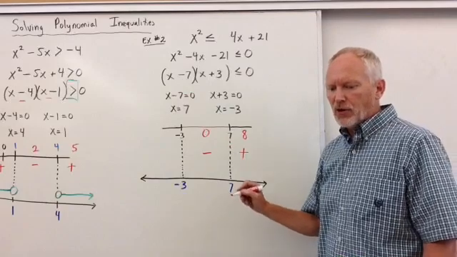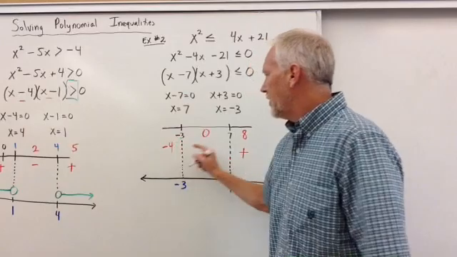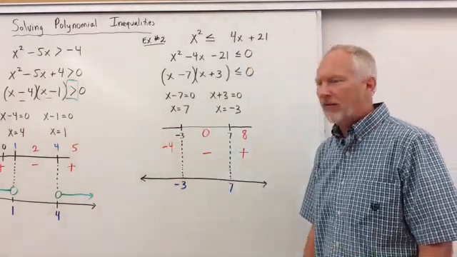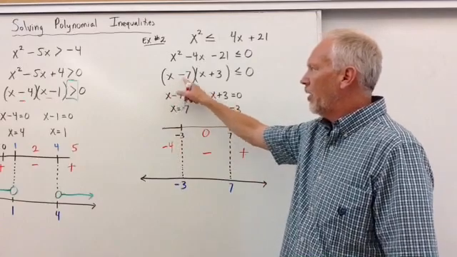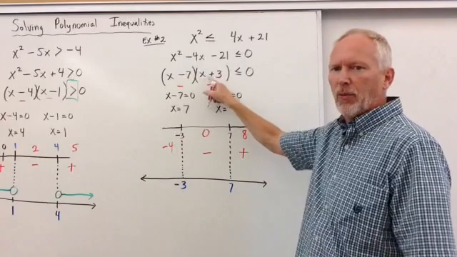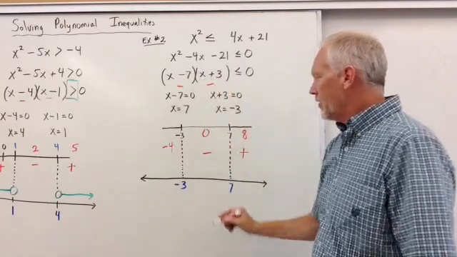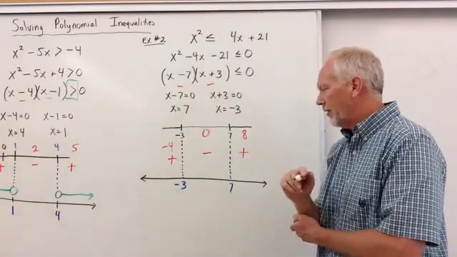And then if I want to choose negative 4, because that's less than negative 3, negative 4 minus 7 is another negative number, and negative 4 plus 3 is another negative. So that will also be a positive once they're multiplied together.